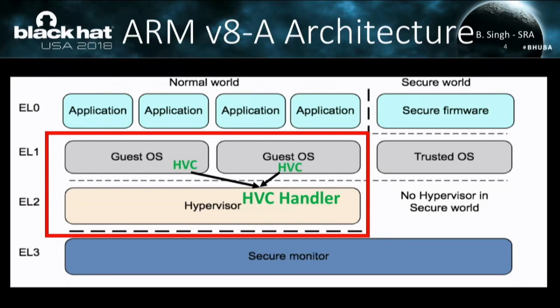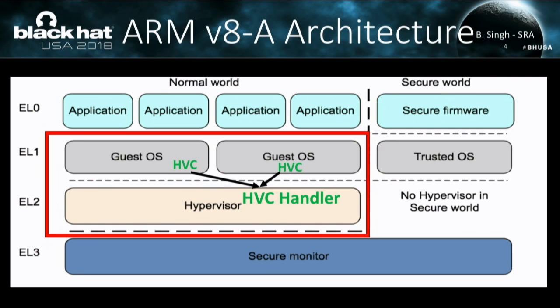If the OS wants to request some service from the hypervisor, there is a special instruction called HVC, that is, hypervisor call. When this instruction is executed, it results in a synchronous exception, and these exceptions are handled by the hypervisor. The hypervisor has the handler code in it, and through that exception handler, the hypervisor services the request back. This is how secure communication happens between the OS and the hypervisor.